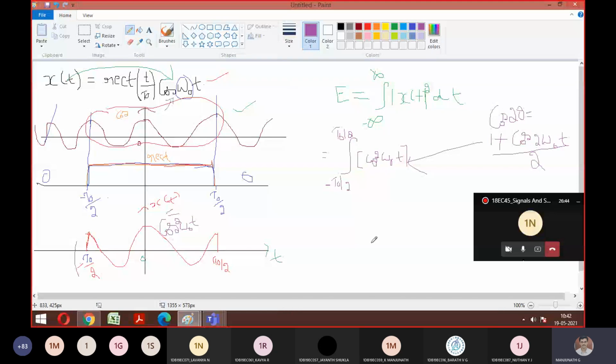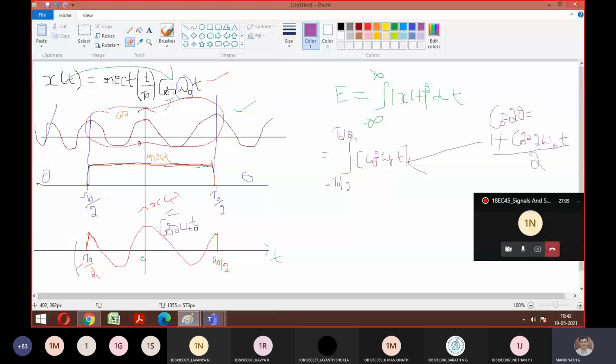Whatever signal we have taken, after the product of the cos function and the rectangular function we got x of t, and for that x of t we are giving preference to the cosine wave. So we have chosen x of t as cos omega naught t.